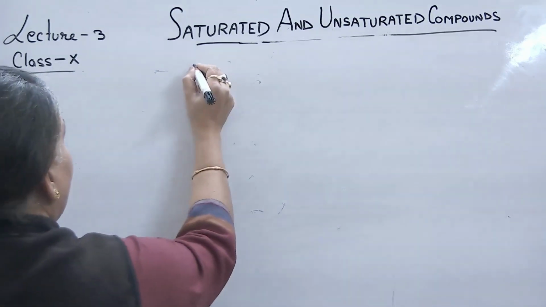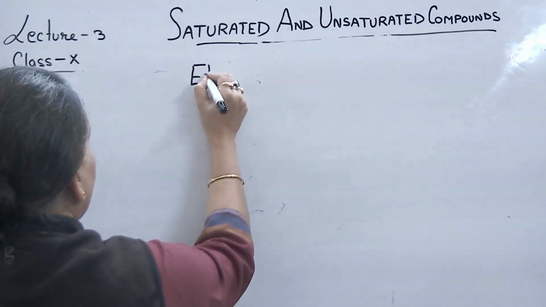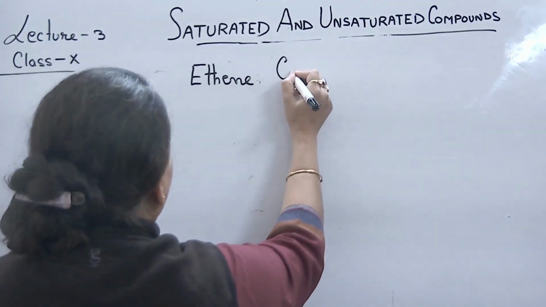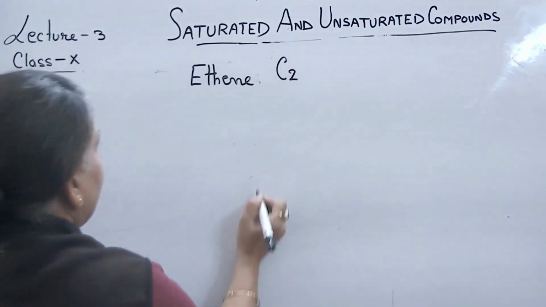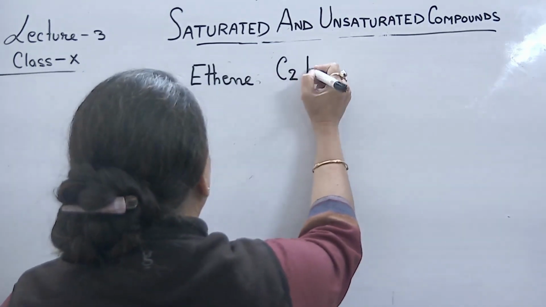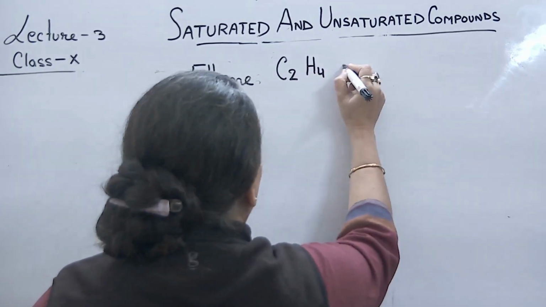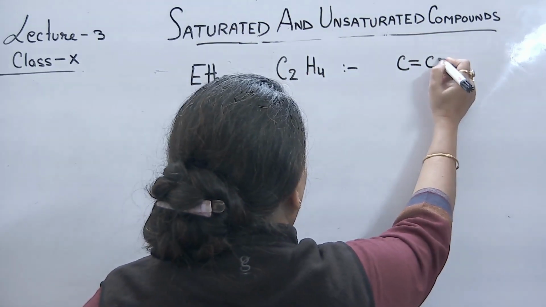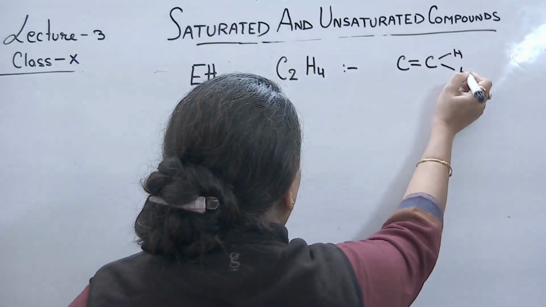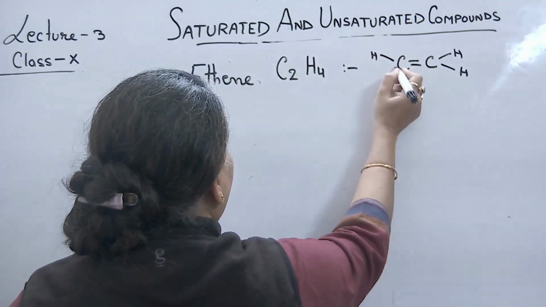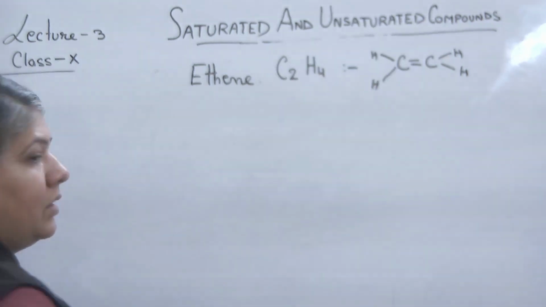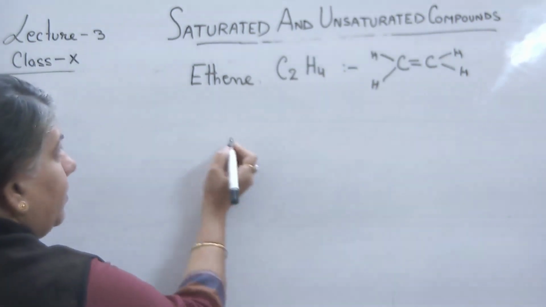Now we'll take ethene. See, the ethene formula is C2H4. It is represented by this structure, H, H, H and H. Okay, let's write down the electron dot diagram.